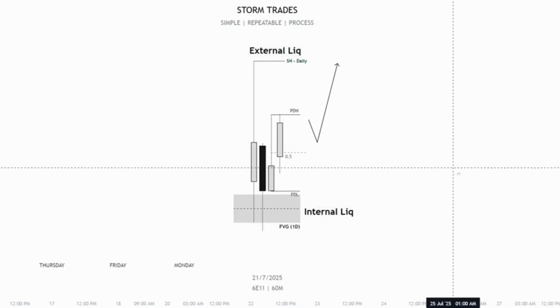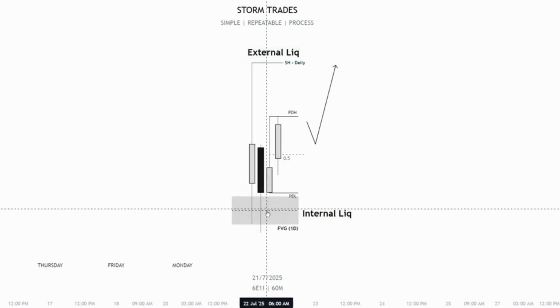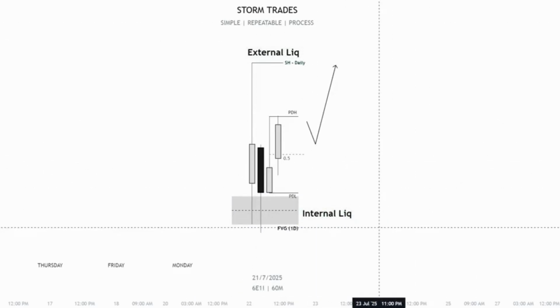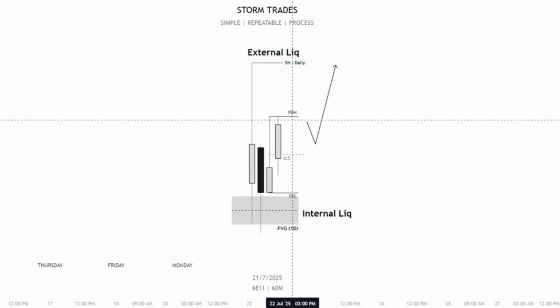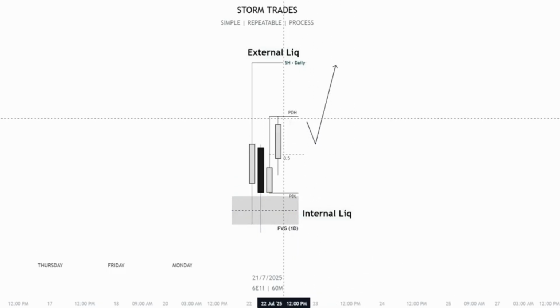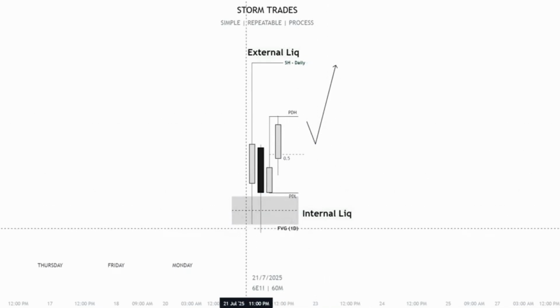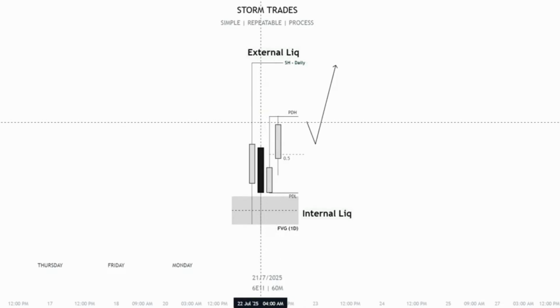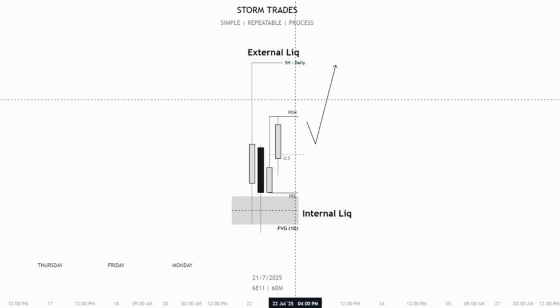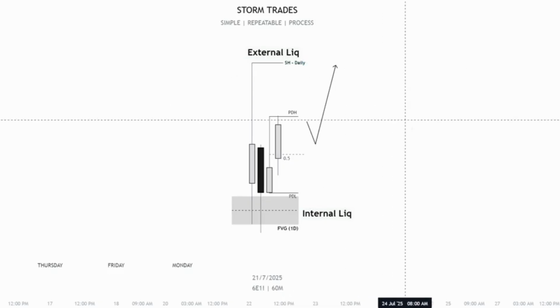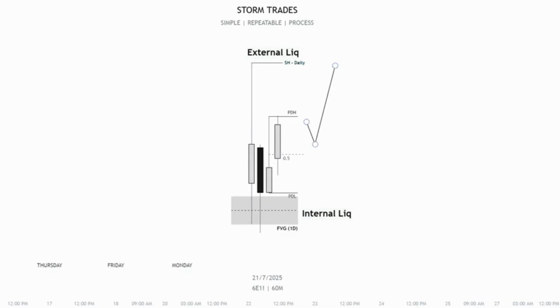So as soon as I have my daily bias, and to me this is a clear picture, internal to external. As of this morning when I'm looking at it, we swept the previous daily high, but overall that's not really as much of a liquidity pool and strong draw on liquidity as this swing high is. So I am bullish on the daily.